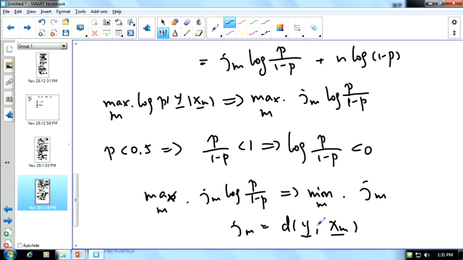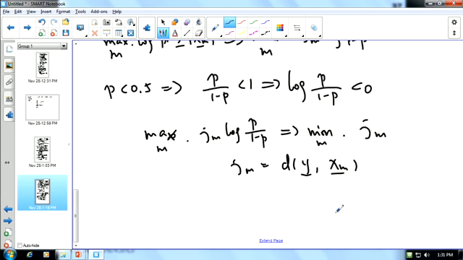So basically you receive a code word, it's corrupted by noise, and then you do demodulation, you get a binary sequence Y, and then you just compare the Hamming distance between Y and all the possible code words, and see which one has the smallest Hamming distance. Okay, so in this case, the optimum hard decoding is just to minimize the Hamming distance between the received information and the 2 to the K code words.